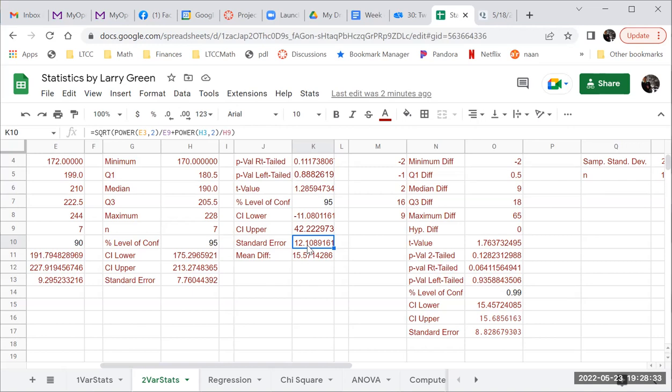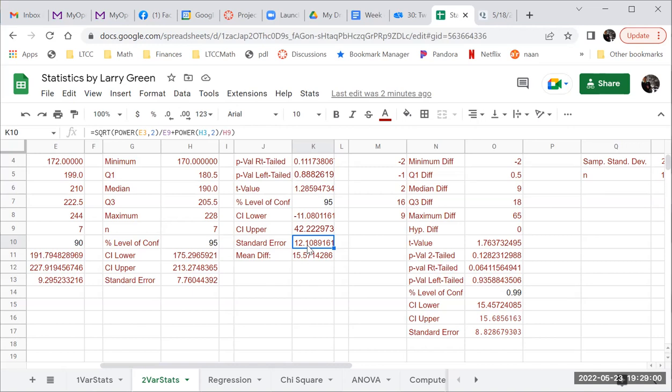If you had a 0.06, you're like, this is horrible, my standard error was too big. If you had a 0.9, you're like, well, I wasn't able to show what I wanted to show, but my standard error was small enough. If you had a 0.001, your standard error is definitely small enough. So the smaller your standard error, the smaller your p-value is going to be.